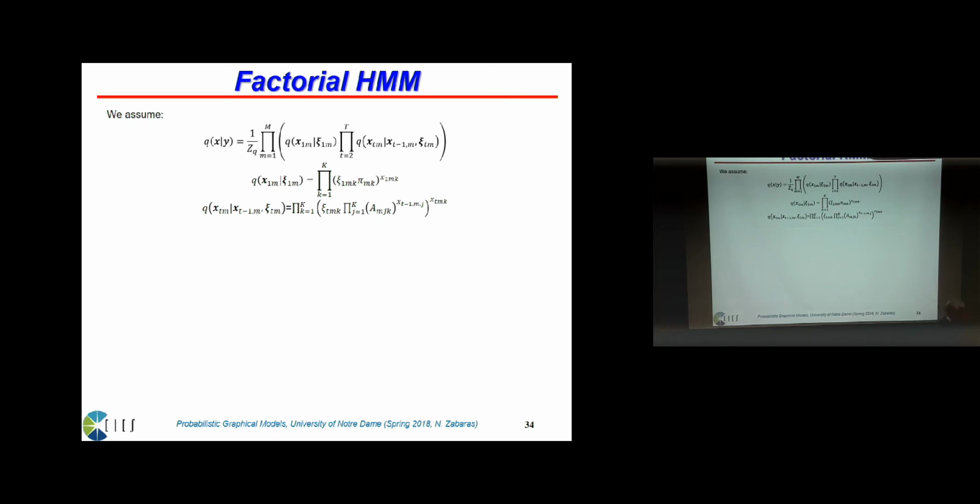There is no other evidence. The y's have disappeared from the picture. There's no evidence or anything like that, right? All the evidence comes from these x's. So what are these x's really trying to accomplish the way you see them on this slide? For example, this is a transition for chain m from time t minus 1 to t, but you notice I'm conditioning it on Xm.